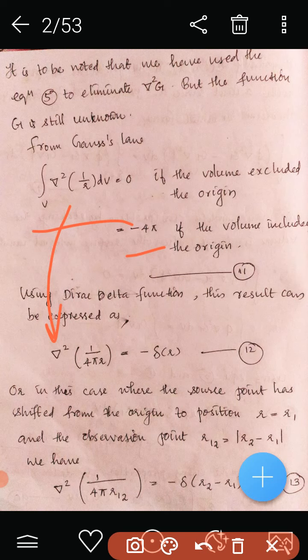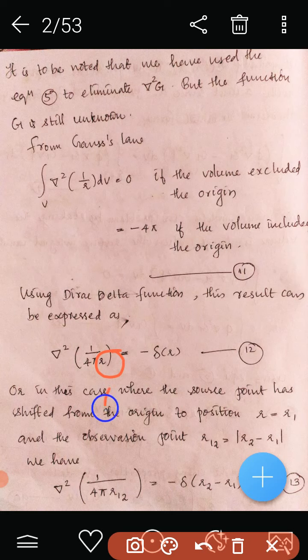Now in this case, the source point has shifted from the origin to a position r is equal to r1, and the observation point is r2, with r12 equal to modulus r2 minus r1. So this is the position of the point source. Suppose this position is changed into r1, and the observation point is now r12, that is modulus r2 minus r1.